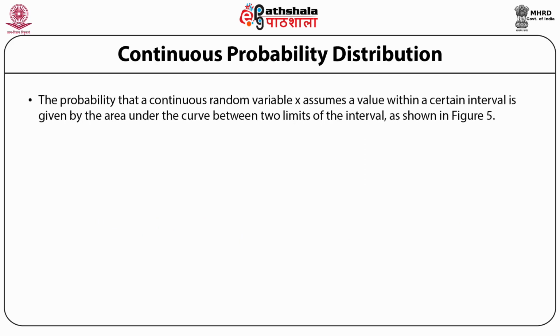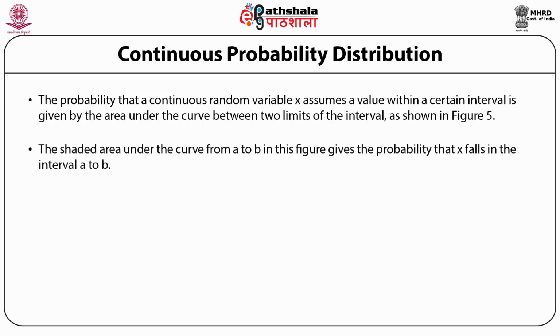The probability that a continuous random variable x assumes a value within a certain interval is given by the area under the curve between the two limits of the interval, as shown in figure 5.